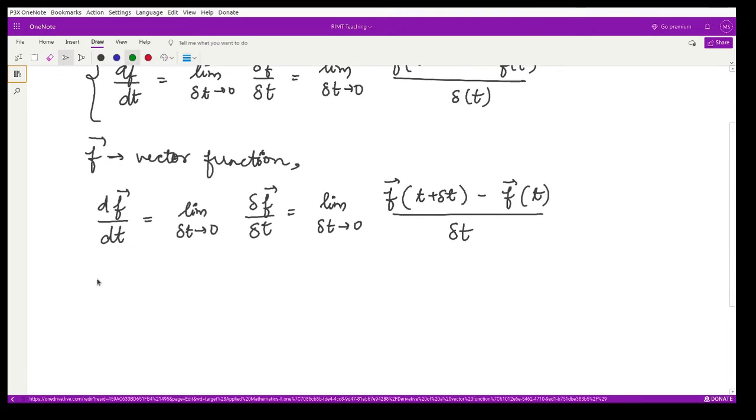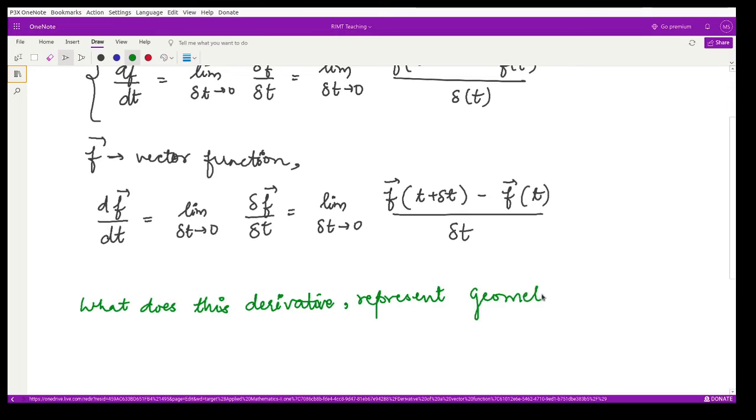Now you should be asking, what does this derivative represent geometrically? So let's have a look at this one.